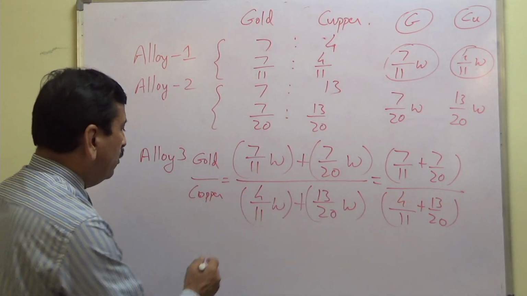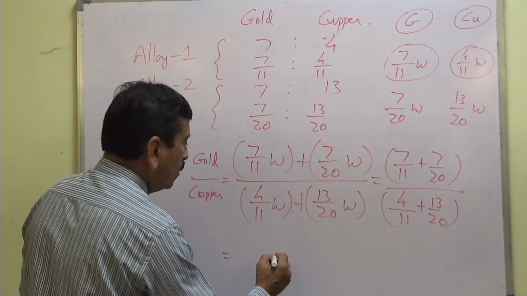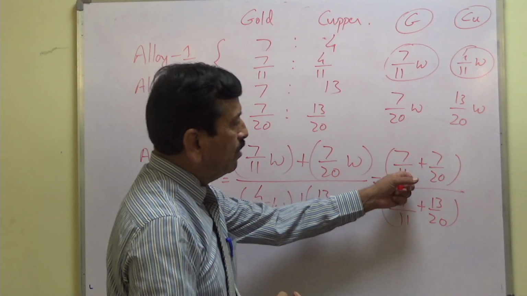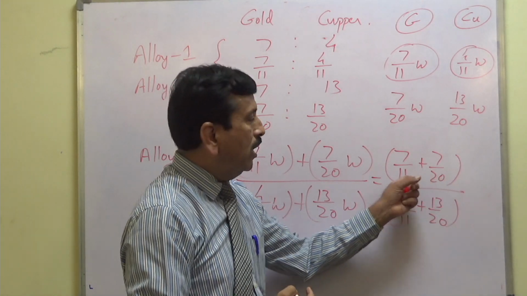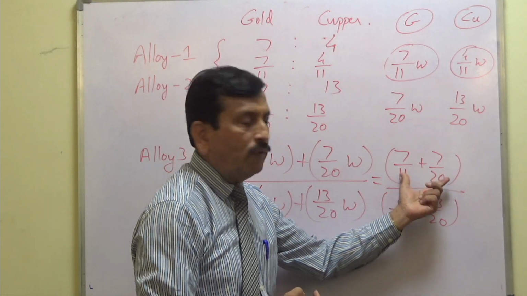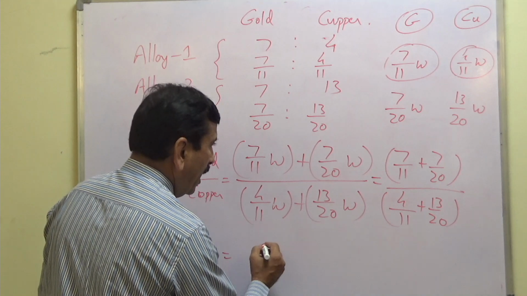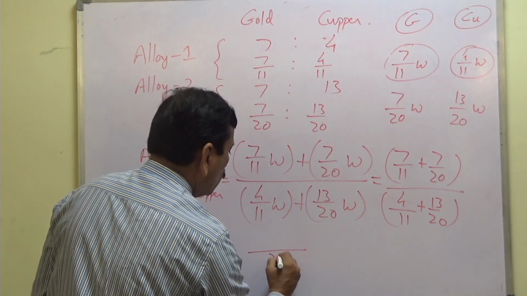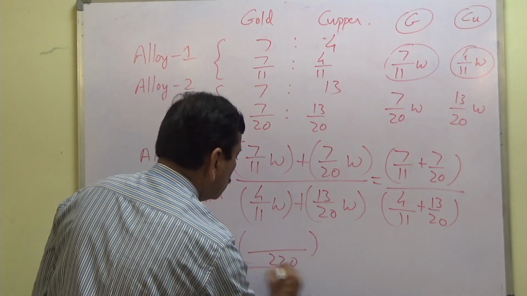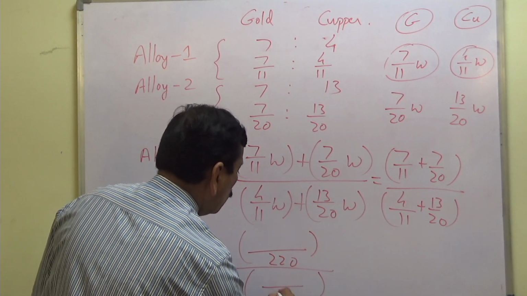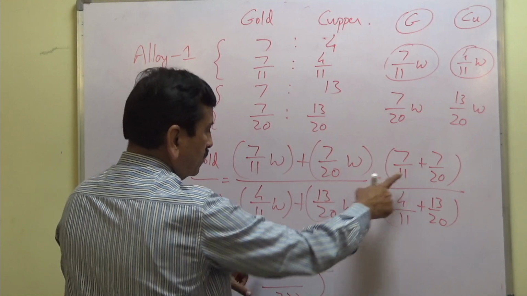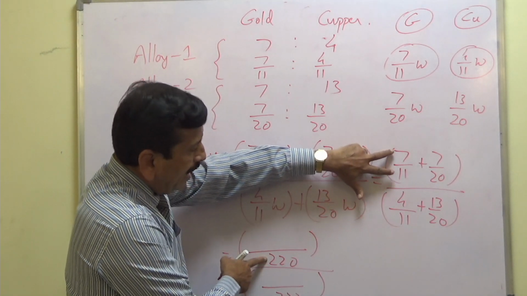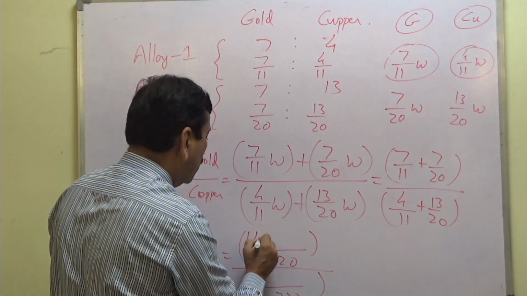Again, the LCM of the numbers will get it out. LCM of 11 and 20, nothing common, so LCM will be mere multiplication, 220. So I can have 7 by 11 equal to, with 220 as LCM, 140 here.